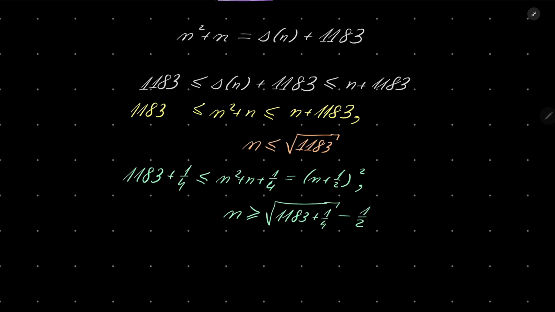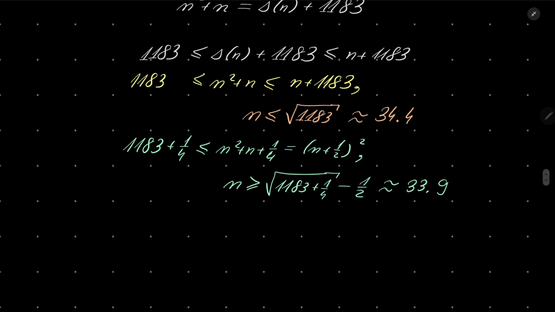Okay, and now let's do some estimation. I will use my calculator. The square root of 1183 is approximately 34.4, let's say, while this second number is somewhere around 33.9, let's say.